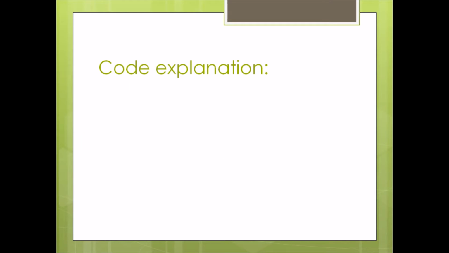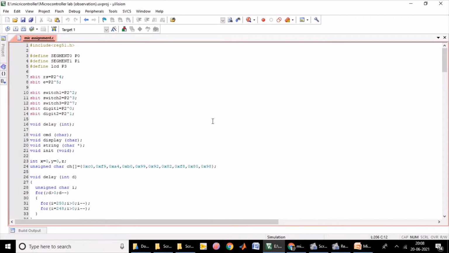Let me explain the code here. This is the code written in C language. Here I have defined a segment for P0 and P1, to send instructions to the two displays separately. There are register select and enable pins for the LCD, and switch 1, switch 2, switch 3.